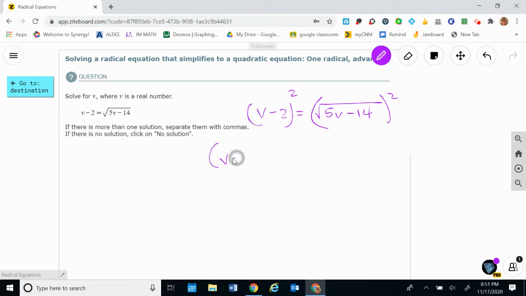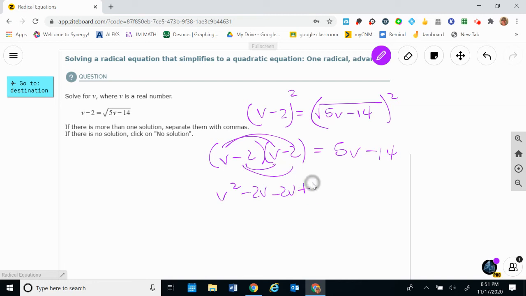Now, I told you guys, do not write v squared minus 4. Anytime you have a square, write it out and you will not screw up. Number one mistake is people write v squared minus 4. Wrong. It's v squared minus 2v plus 4 equals 5v minus 14. Combine like terms. Okay. What do we do to solve a quadratic equation?